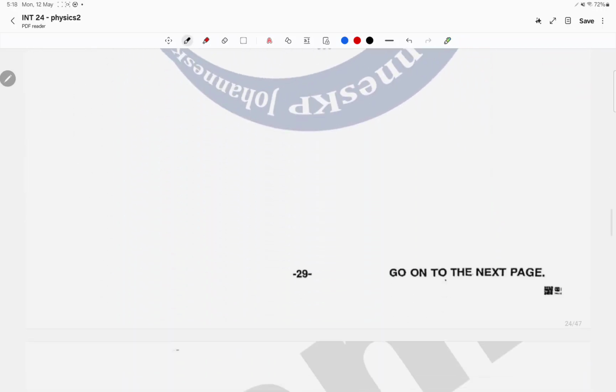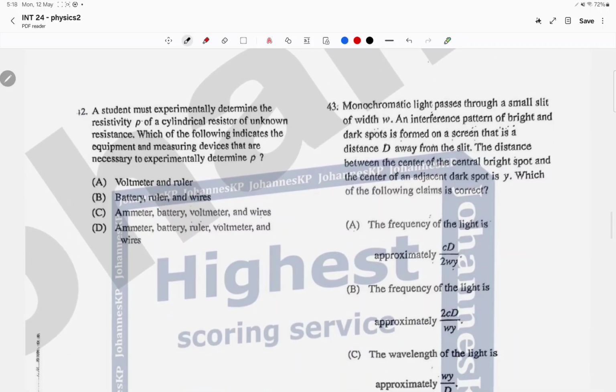So question 42. A student must experimentally determine the resistivity of a cylindrical resistor of unknown material. Okay, so look, the equation is R is equal to resistivity times length over the area. So resistivity is equal to A times R over L. To have the length, you must have a ruler, correct? Yes. So the ruler has to be there.